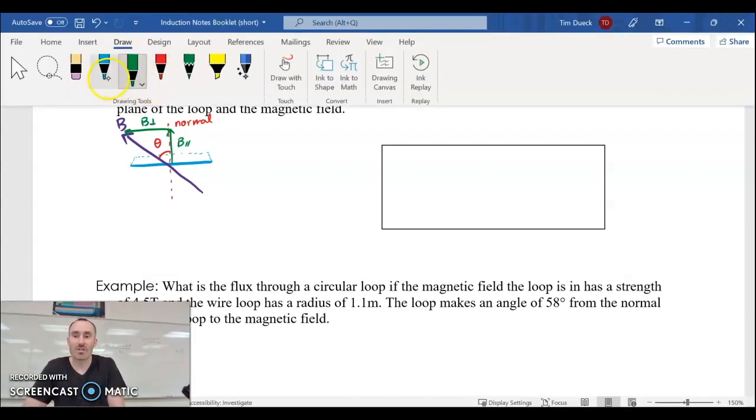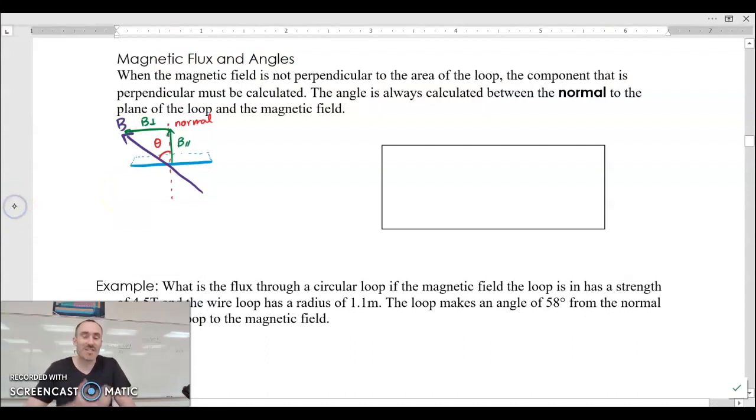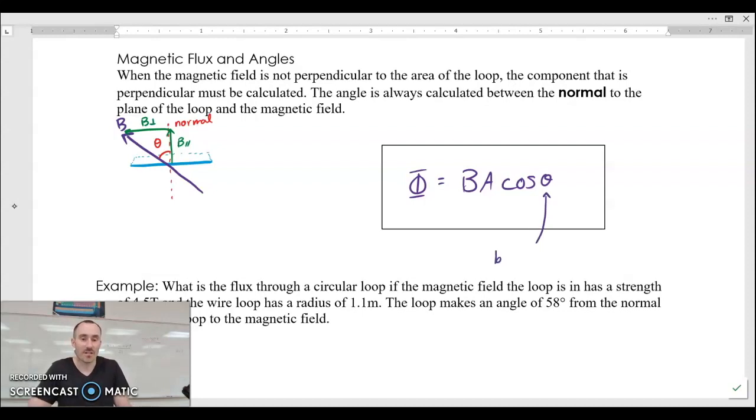And so here's the version of the formula that we're going to use. But you just have to be careful which angle you're given and which one you're putting into your formula. So flux is equal to BA cosine theta, when that theta is between the normal line and the field. Okay, let me write that down here quickly. Between B and the normal.